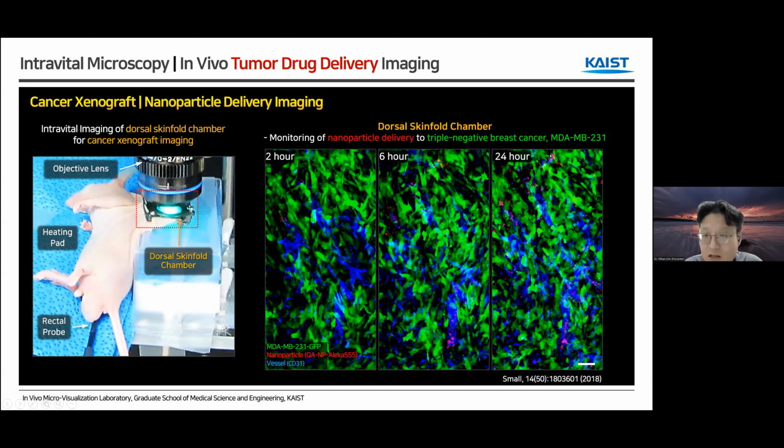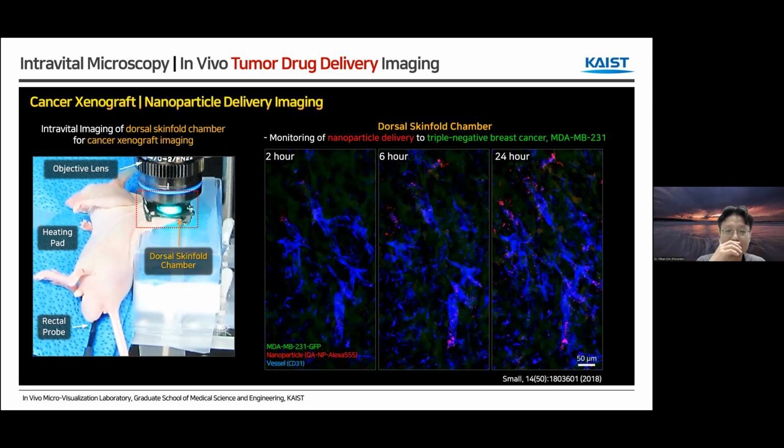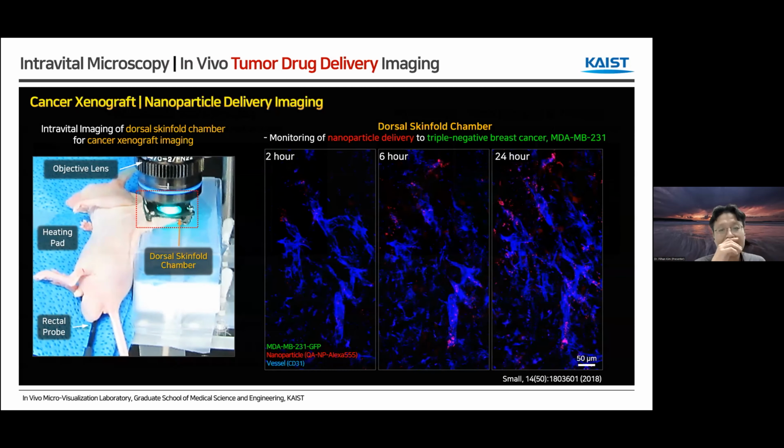For example, here, here, and also here. So intravital microscopy is a very useful technique to visualize the delivery of the drug to the target cell in a live mouse model like this.